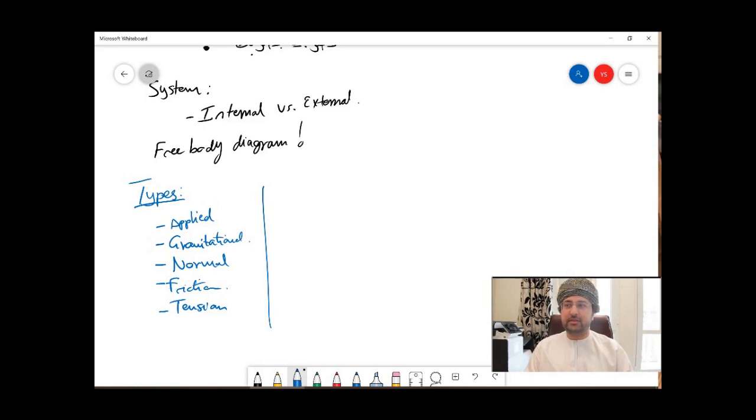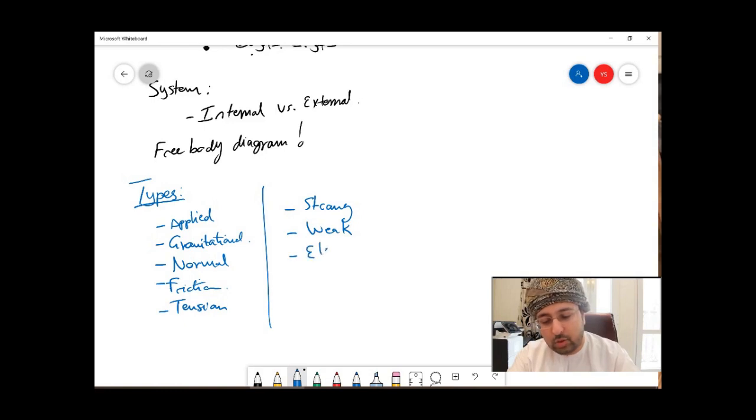Everything is classified as one of 4, which are the strong force, the weak force, the electromagnetic force, and gravitational forces.